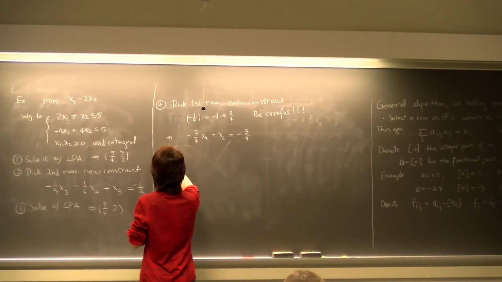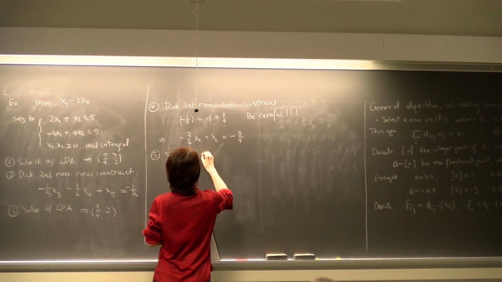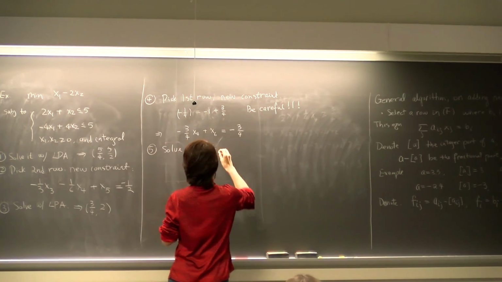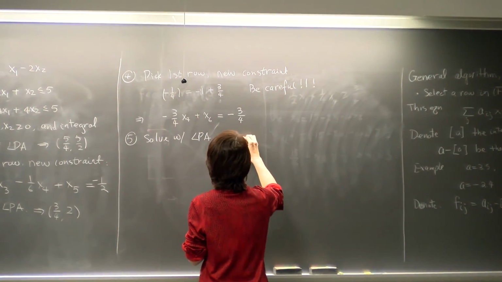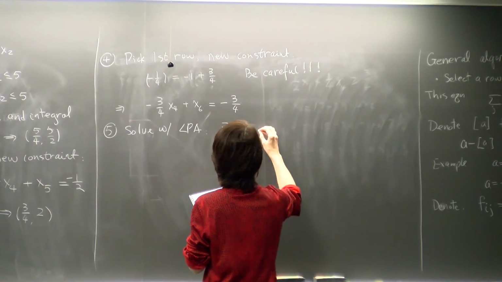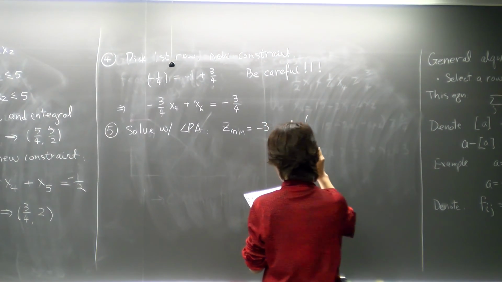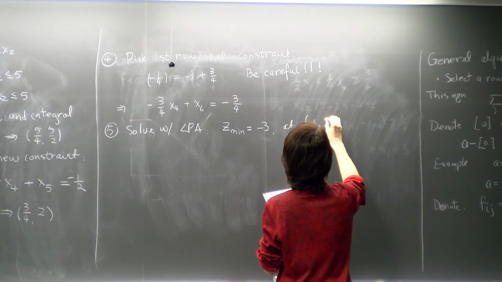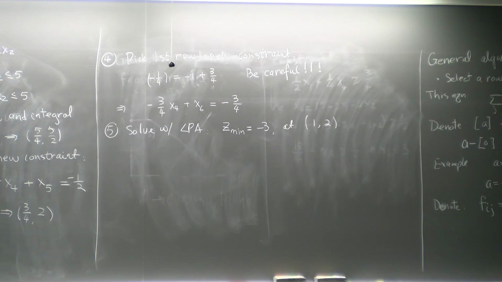Okay. I solve again with the LP assistant, and it gives me the final solution. So Z min equals -3 at, if I only record x1 and x2, is at 1 and 2. Okay, the others are slack variables.